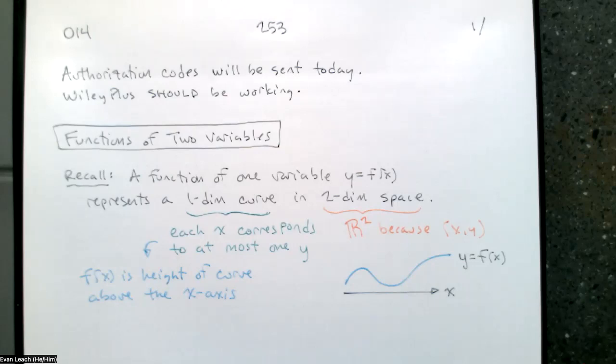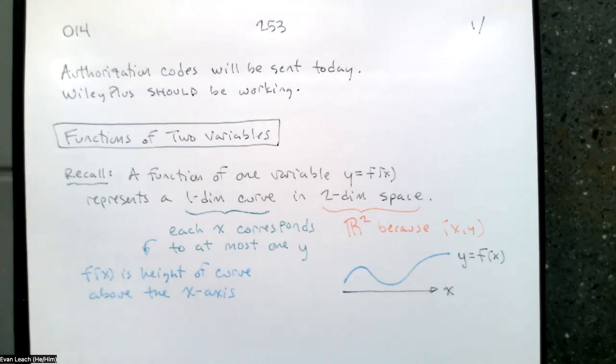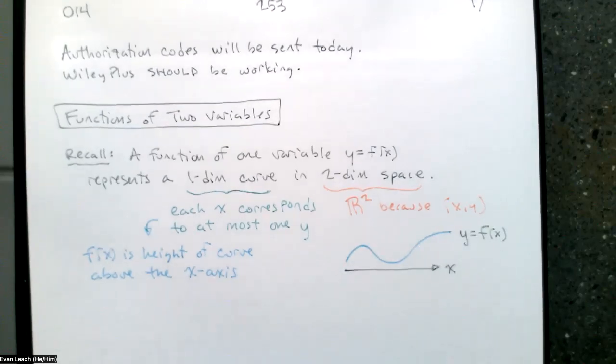Now we're going to upgrade this. We're going to keep the function part. We're going to keep framing this in terms of a function. But we're going to go up to a function of two variables.